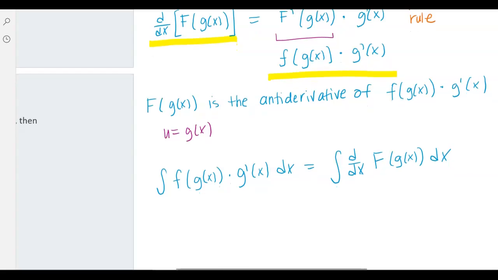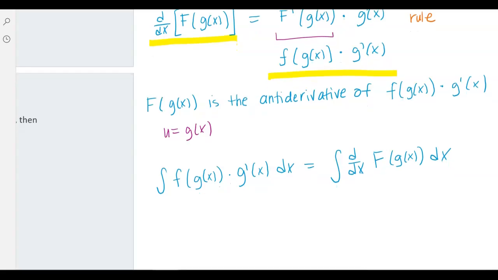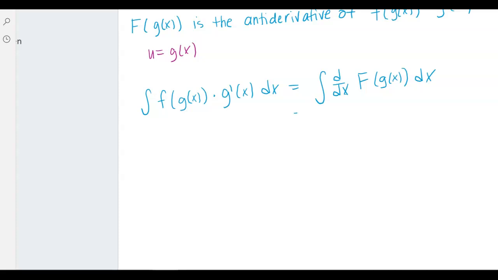And similar to what we just did before, when we have an integral and a derivative next to each other, they're going to cancel each other out. So we could write this as capital F of g of x. And because we don't have any bounds on this integral, we'll put a constant of integration plus c there.